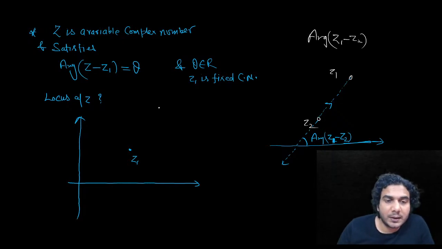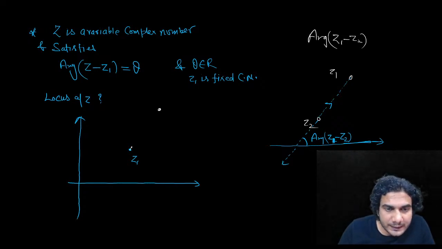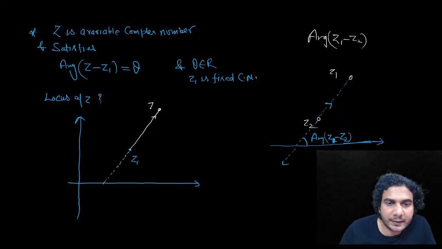It is theta. Say theta is 60 degrees, for example. If I take z here, then you can see this vector z minus z1 will make an angle of 60 degrees. I have chosen my z in such a way that the line joining z and z1 is inclined at an angle of 60 degrees. I'm taking theta equal to 60 just to understand this, or you can say theta is an acute angle. So the diagram will look like this.